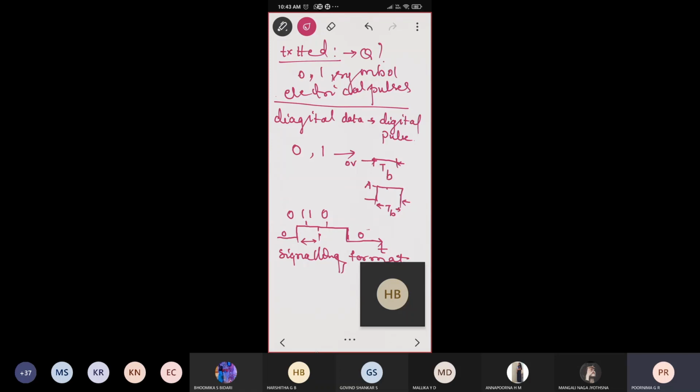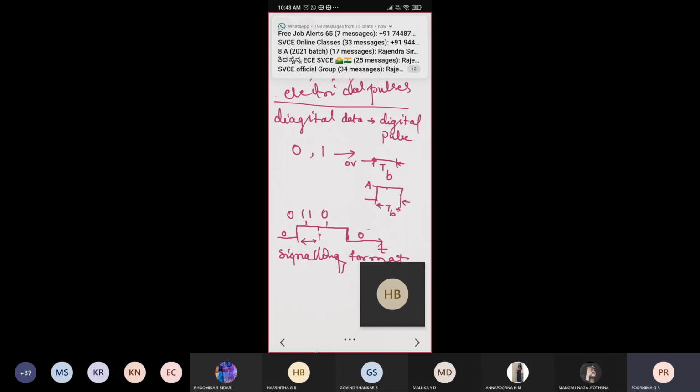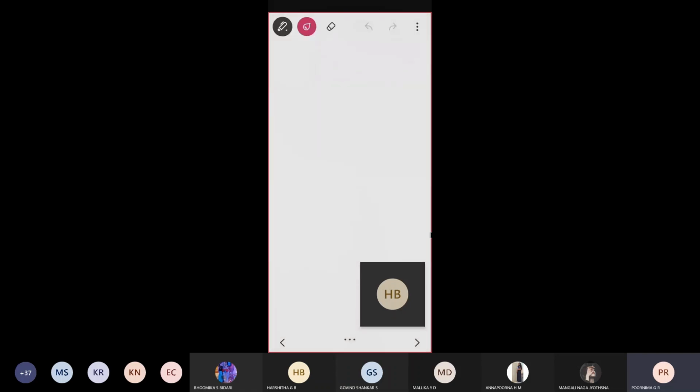There are many digital formats or signaling formats, which are also termed as line codes. For the transmission, digital data is made compatible by converting it into an electrical pulse, and this is termed the signaling formats or line code formats.